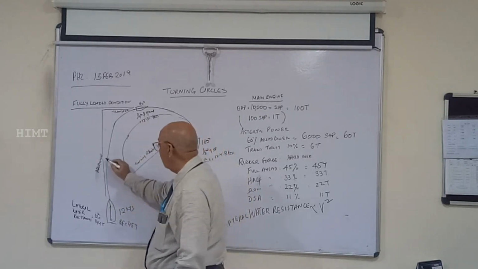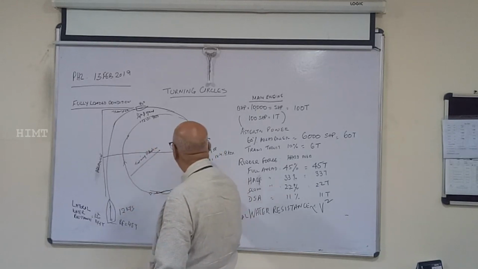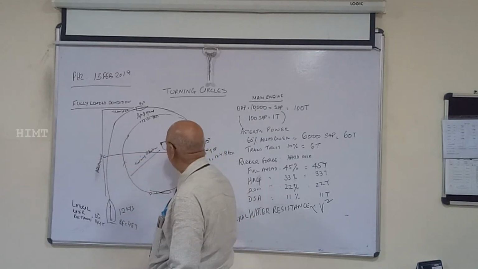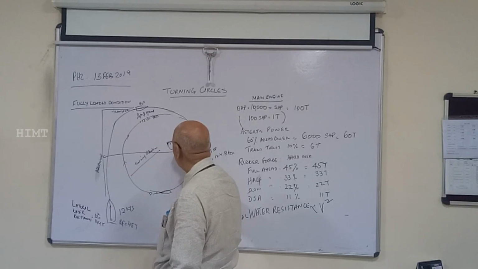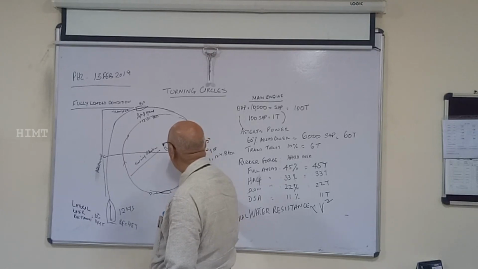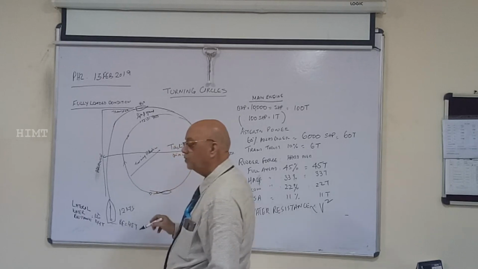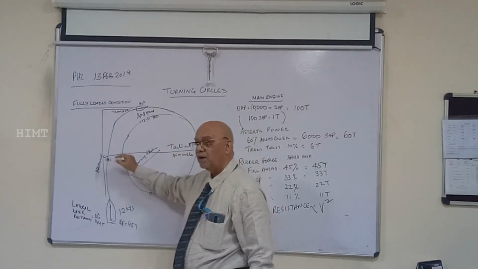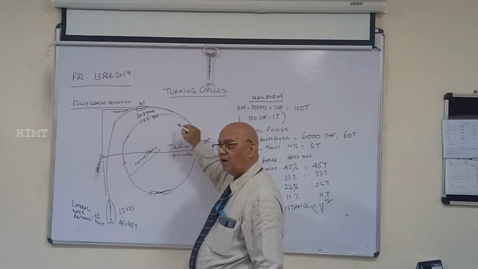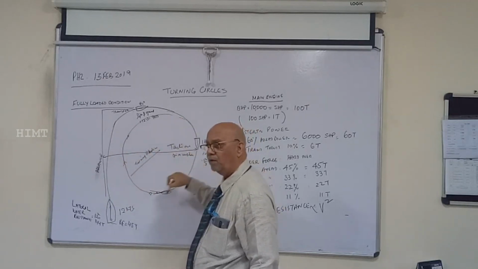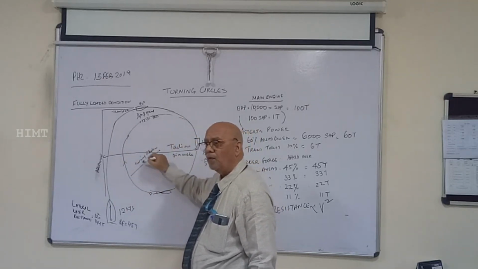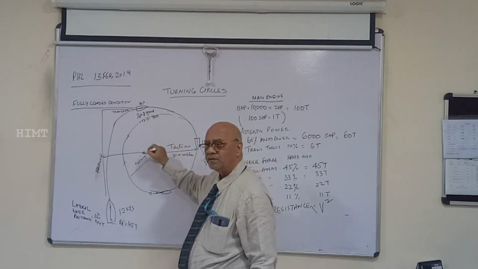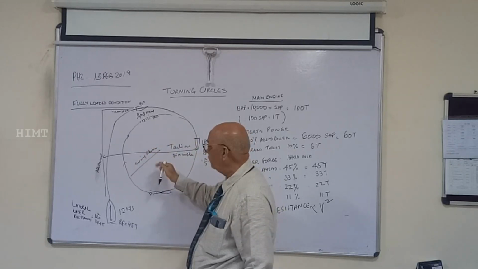This is your tactical diameter. Ship will not keep turning on the tactical diameter. Once it turns that, and then if it keeps going round, the ship will go on this turning circle, a turning circle of this radius.